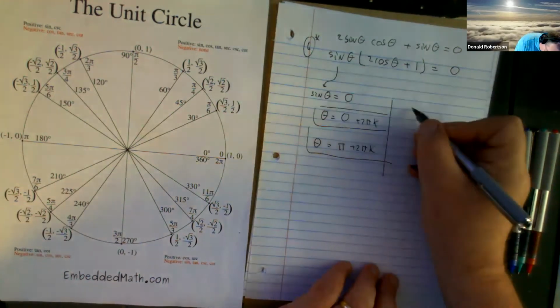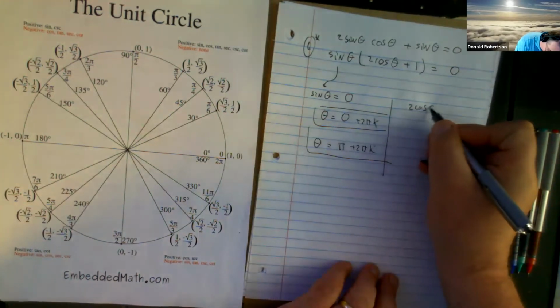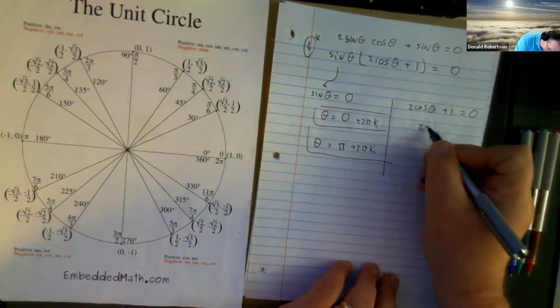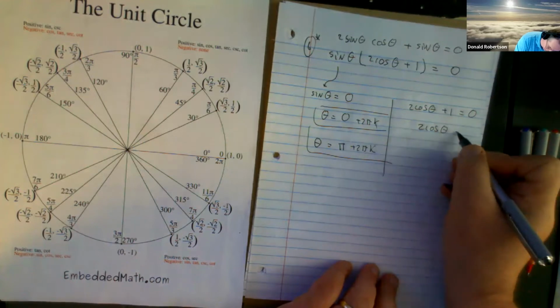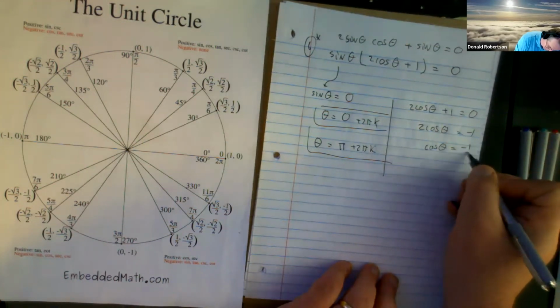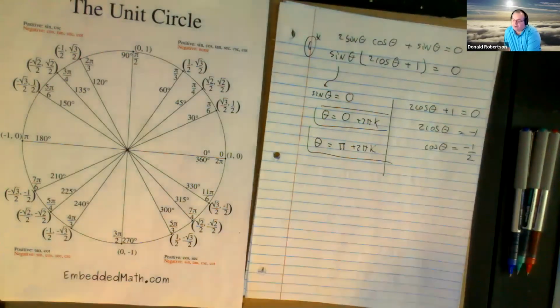And on the other side, we have 2 cosine theta plus 1. A lot of these questions, there's only so many combinations in the world, so a lot of these questions end up looking pretty much the same. Would you agree that looks like a couple of examples that we've done in other places? So we are looking for an x coordinate of a half.